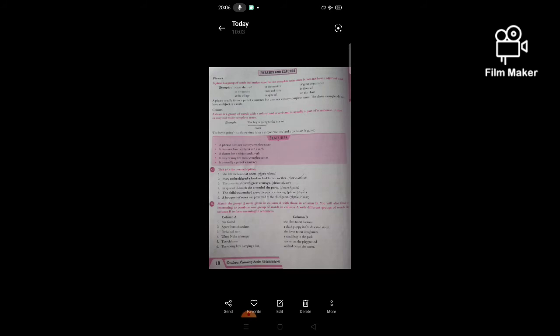So phrase and clause both are usually parts of sentences, but a phrase doesn't make complete sense, while a clause may or may not. But in comparison, a sentence makes complete sense.